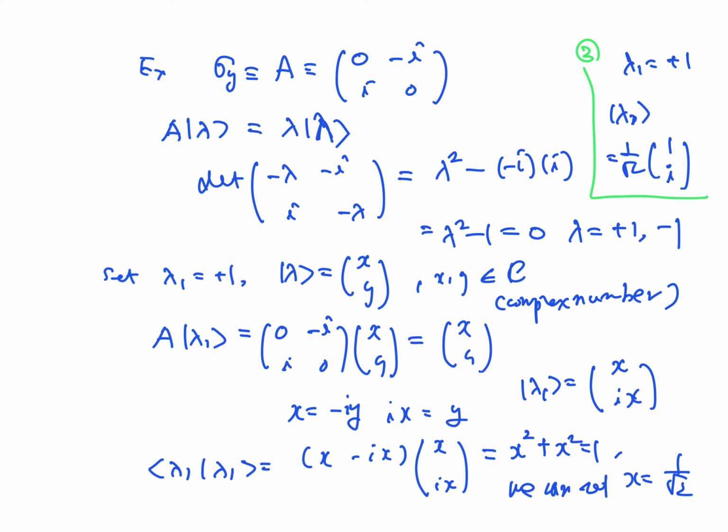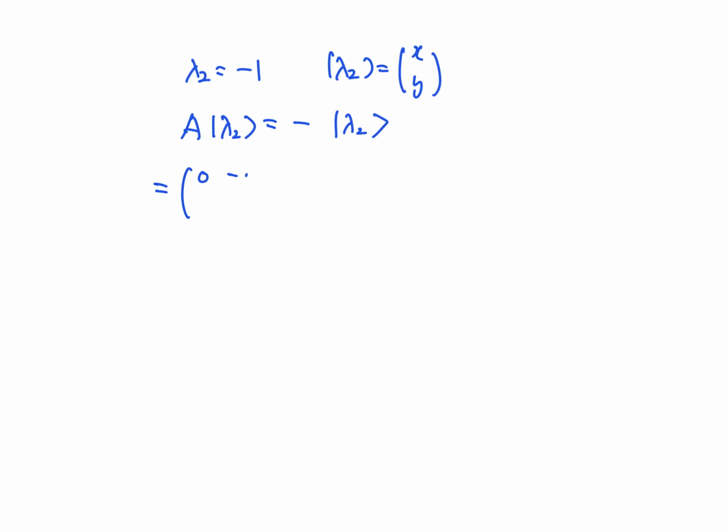How about when lambda 2 is minus 1? We can set lambda 2 as x and y. Then A lambda 2 is minus lambda 2, right? So 0 minus i, i 0, times x y is minus x y. So y is minus i x.